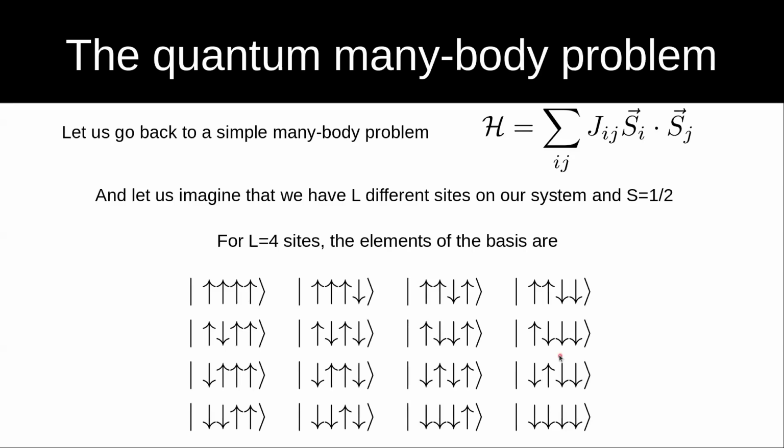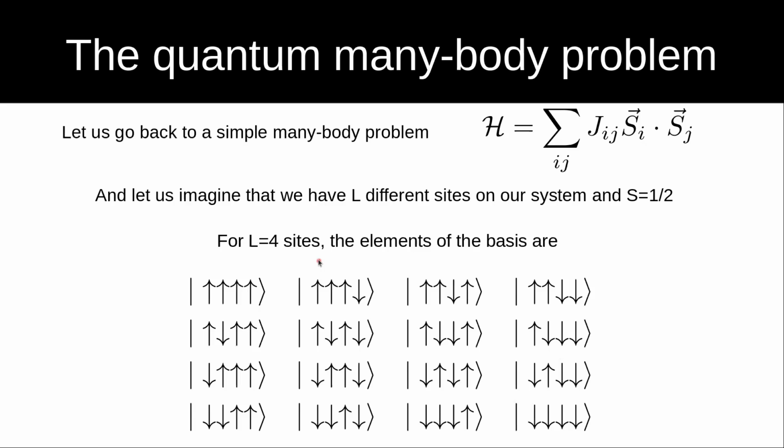And of course, you can keep doing this, right? So now you can think about adding an additional site so that in total you have 4 sites in your quantum many-body Hamiltonian. And then when you do this, you essentially get that the number of states that your Hilbert space has is 16. So now twice of what you had with 3 sites.